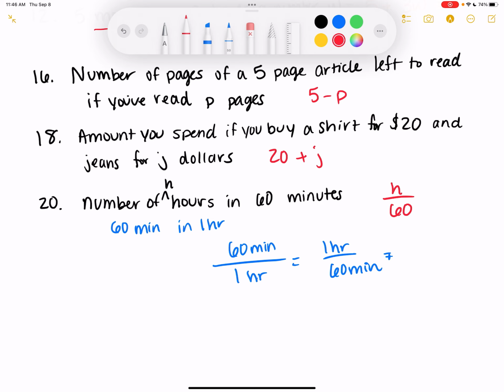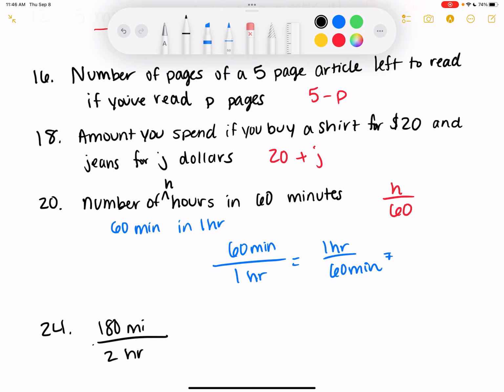The last thing is the rates here that they give you. So something like number 24, if you have 180 miles over 2 hours, and they want to know it in different units, but if we were going to just reduce this down, how would we reduce it?